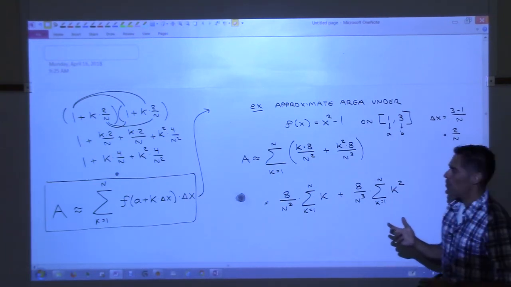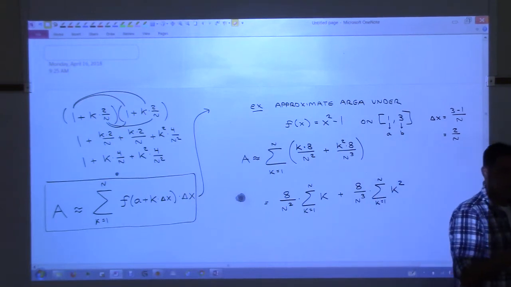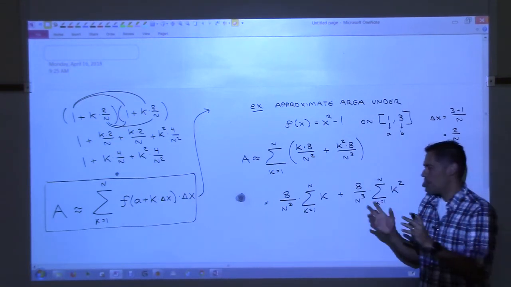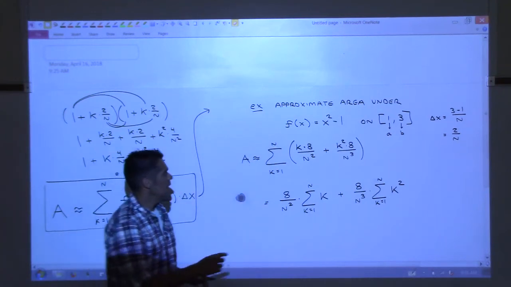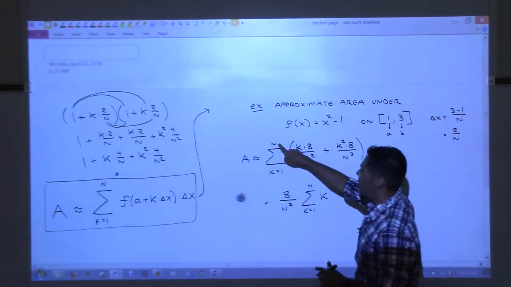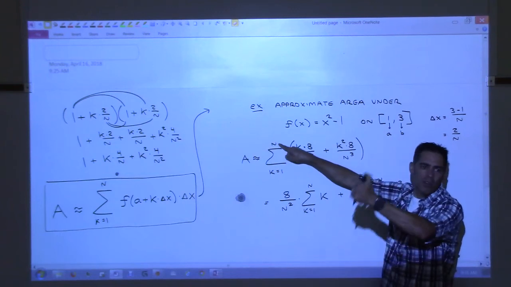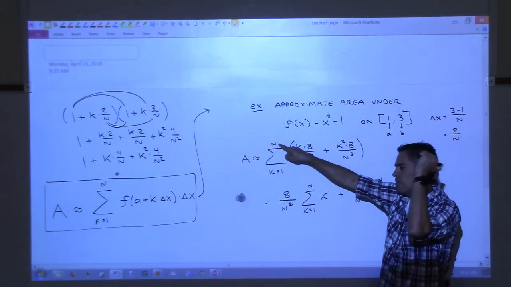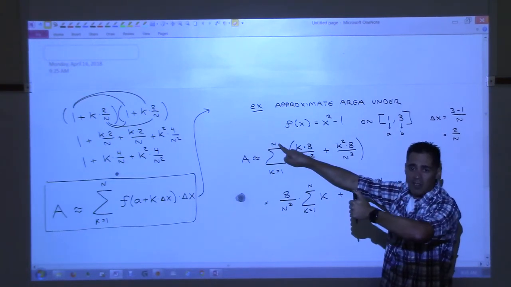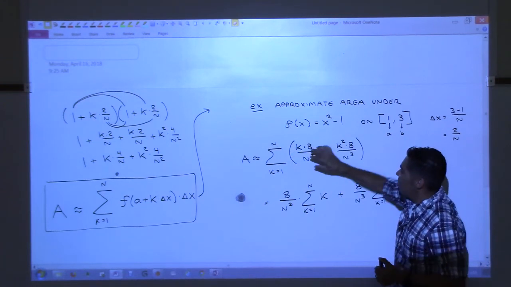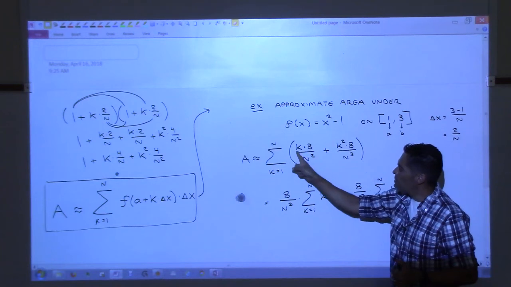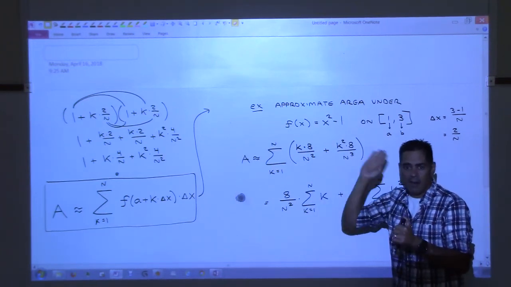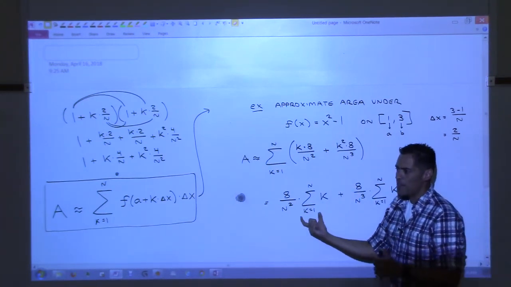So it's kind of like when we were differentiating or integrating. We haven't done a lot of integration, but I've told you constants come along for the ride. N, wherever I'm going to stop, the number of rectangles has been determined. It's going to be 100 rectangles or 1,000 rectangles, 1,000,000 rectangles, whatever, right? But that 8 over n squared is a number. It's a constant. And I will basically multiply my k by that constant every single time. This has the same effect.